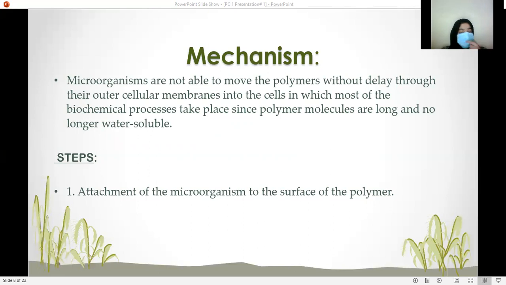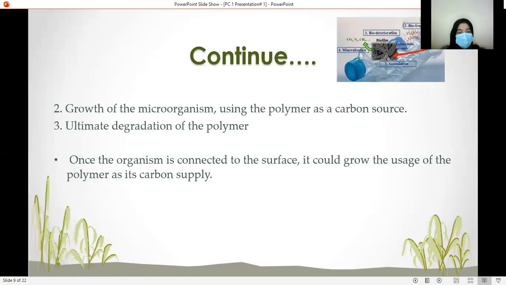Small oligomers might also diffuse into organisms and get assimilated into their environment, so there are some steps of mechanism of biodegradation of plastic. First one is attachment of microorganism onto the surface of polymer. The second one is growth of microorganism using the polymer as a carbon source. Third one is ultimate degradation of polymer.